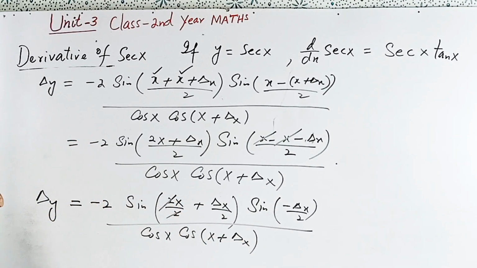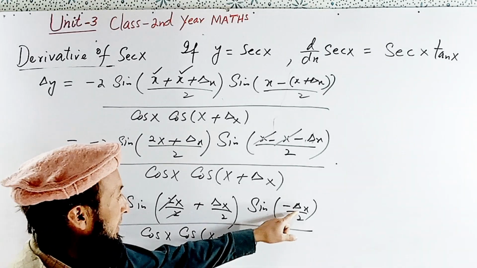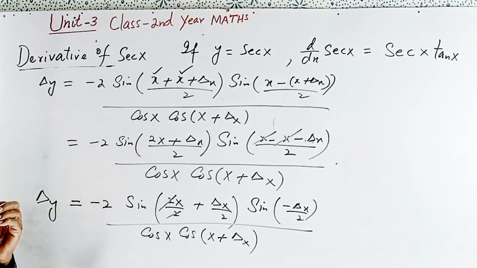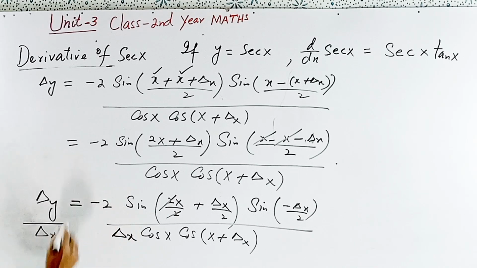The 2s are cancelled here. Now we need minus delta x divided by 2, and we divide both sides by delta x.